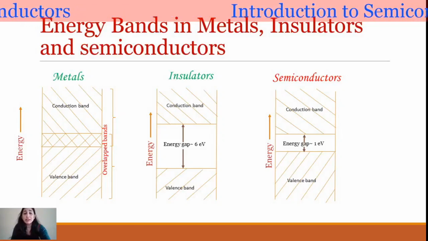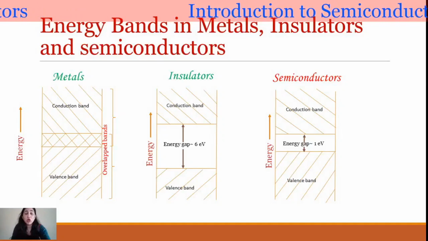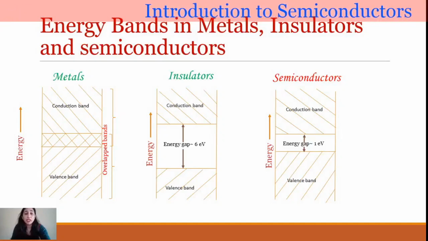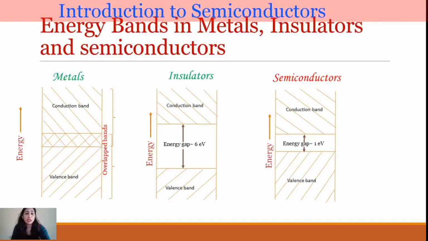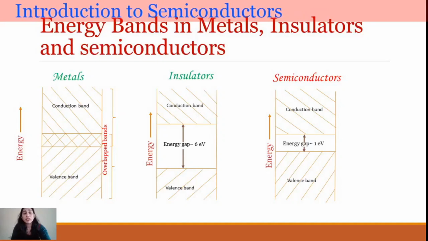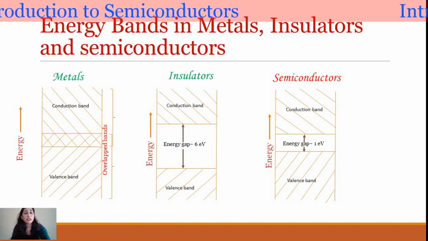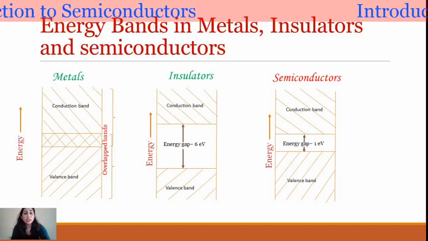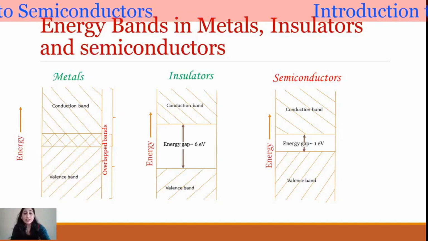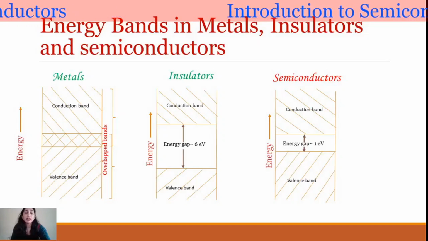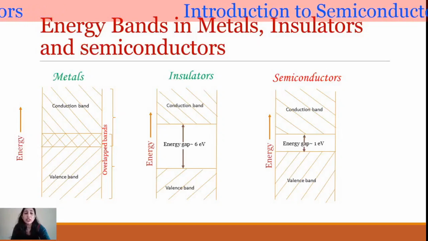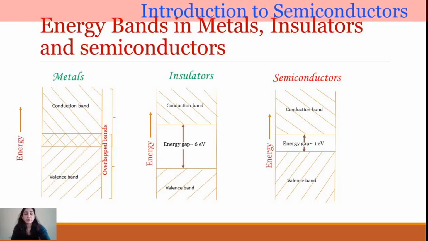But in that situation, the insulator would be called to be in breakdown condition. The lattice will be ruptured. So normally this gap is not covered, the valence band electrons cannot jump into the conduction band, and the insulator material cannot conduct.